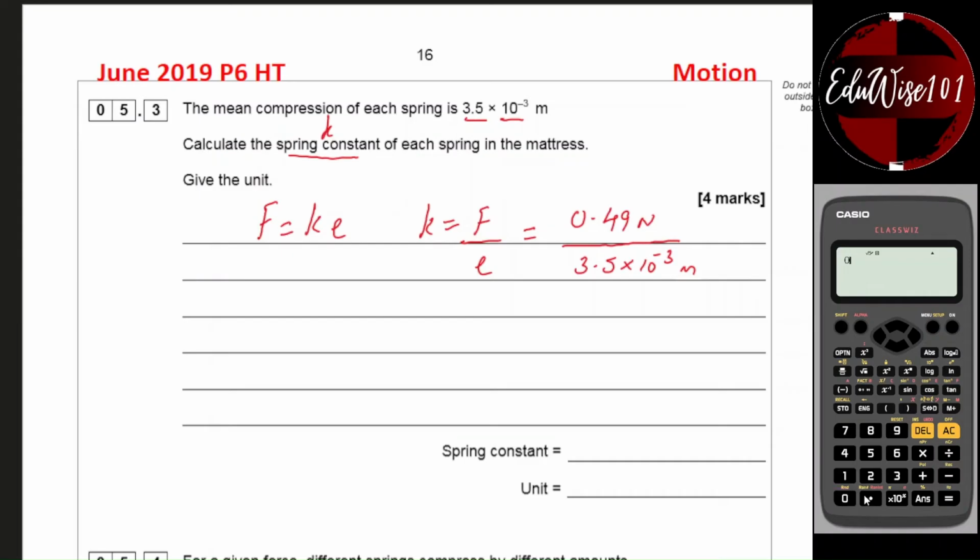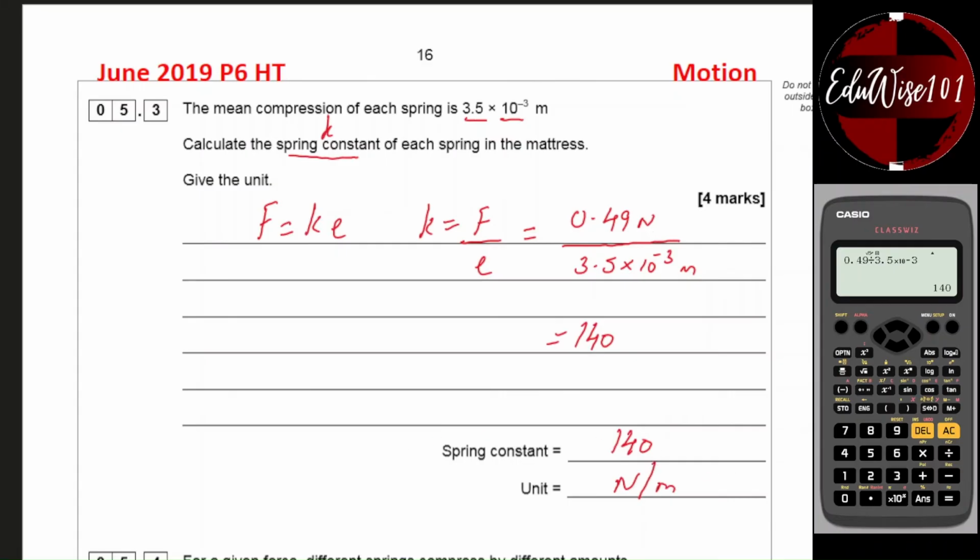Okay, 0.49 divided by 3.5 to the power of minus 3, 140. That's right. So that's 140. The unit would be, we've got Newton divided by the meter. That will be Newton per meter.